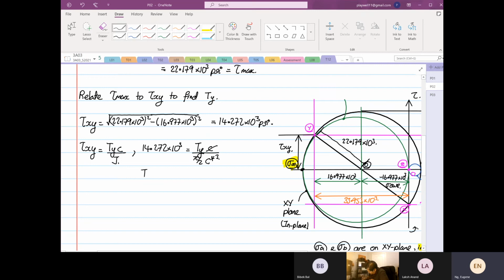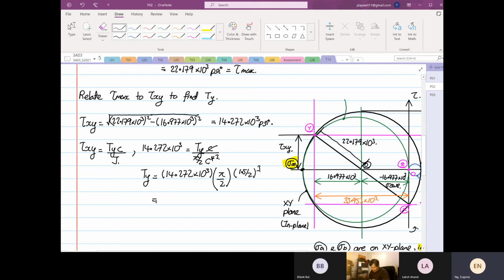So Ty, or torque about the y-axis, is equal to 14.272 times 10 to the power 3 multiplied by pi over 2 multiplied by 1.5 divided by 2 cubed.